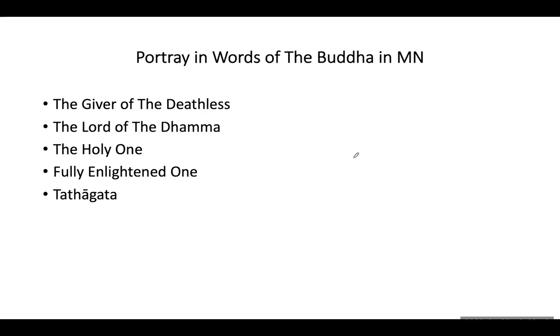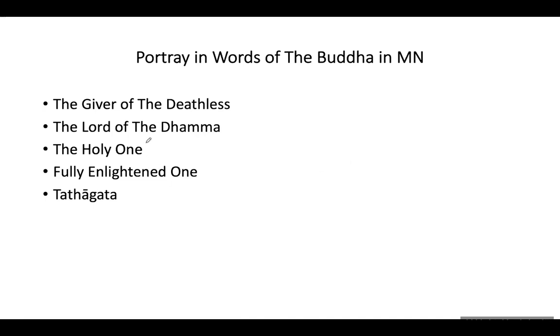He provides the path to deliverance, showing how followers can reach enlightenment, nibbana. This kind of deliverance really makes the Buddha great: he not only found the path to reach the deathless, but once he had perfect knowledge, he was not reluctant to provide this knowledge to his followers.